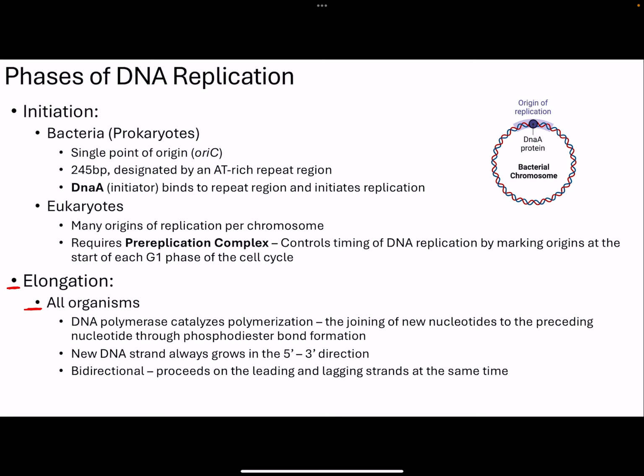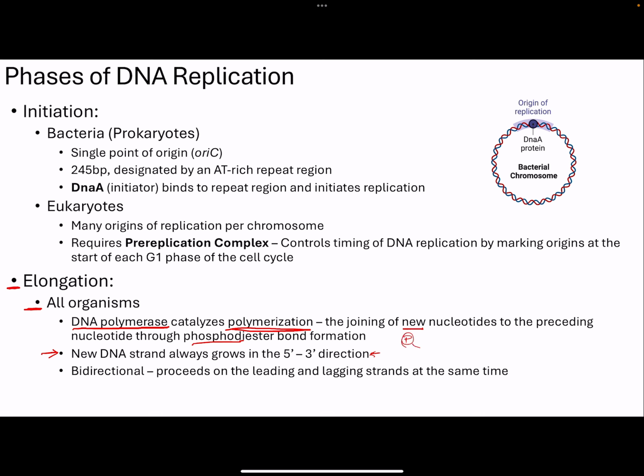In both prokaryotes and eukaryotes, the key molecule for catalyzing the polymerization reaction, or the chain building of DNA, is called DNA polymerase. This is what's going to facilitate joining new nucleotides to the preceding nucleotide and form those phosphodiester bonds. It's always true that DNA strands are growing in the 5' to 3' direction, and this has everything to do with that receiving end of the nucleotide.